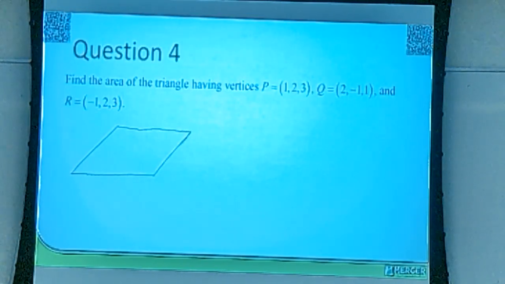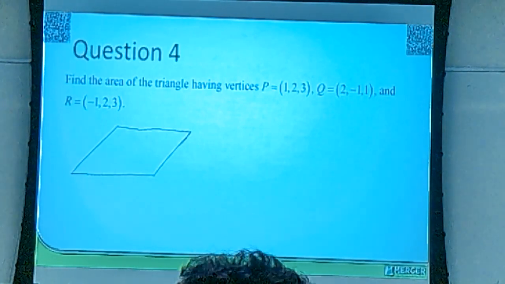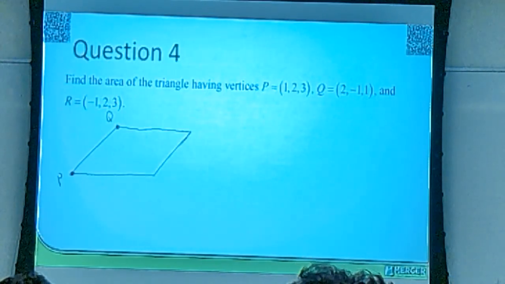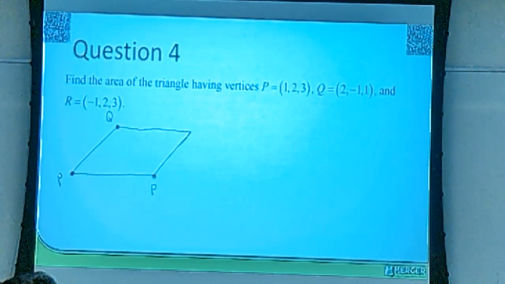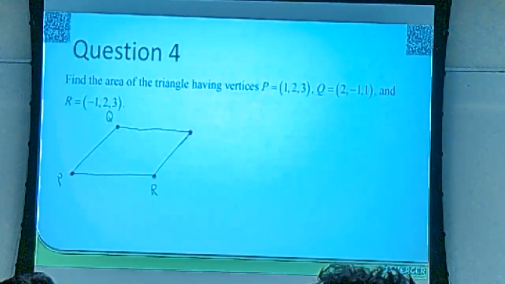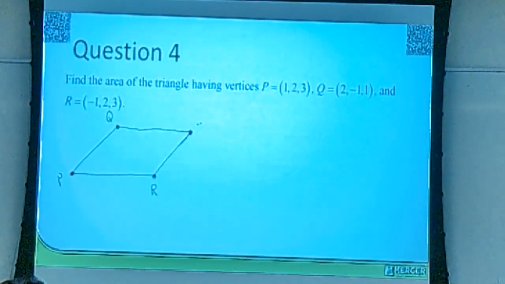Think first of a parallelogram. We know its area. And we don't care about this one. This one's not needed.